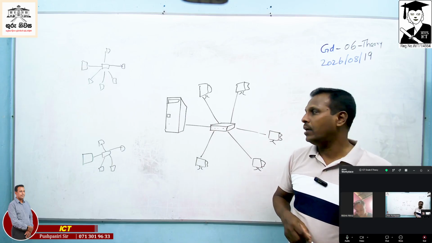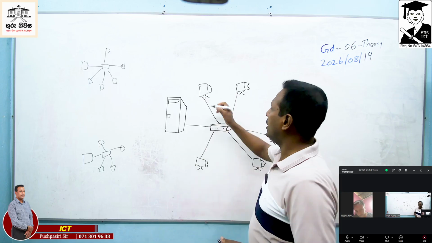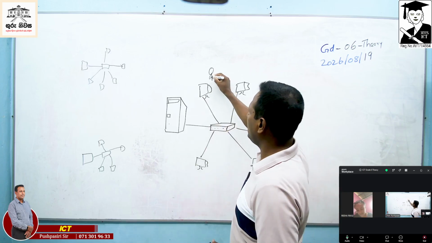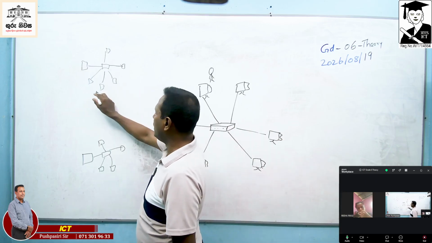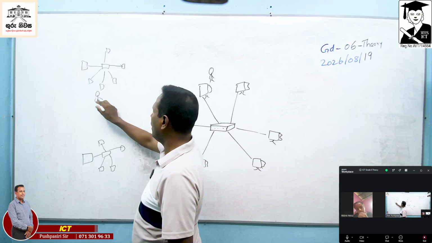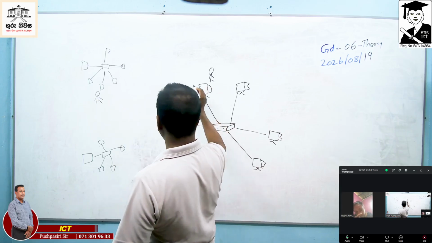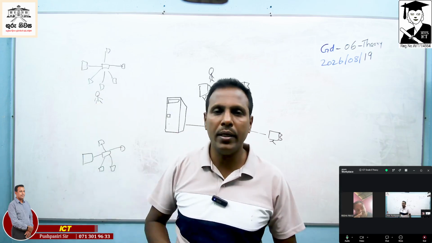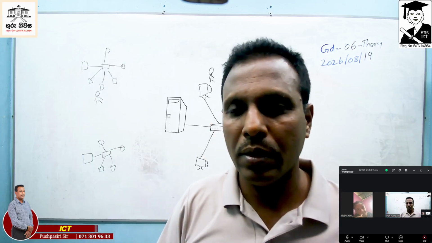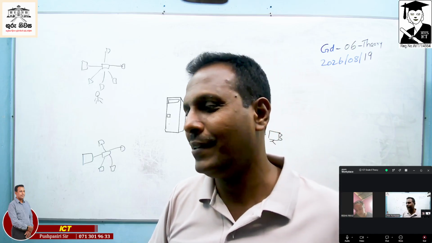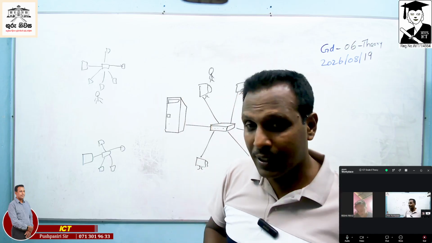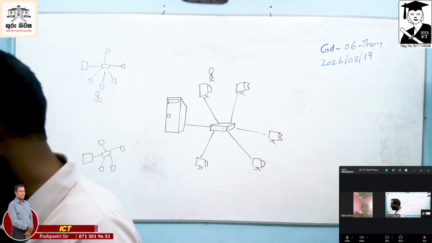Now I am here in the computer. Riha's network is here, Riha is here. I want to send a message from here to Riha. Can I send it now?